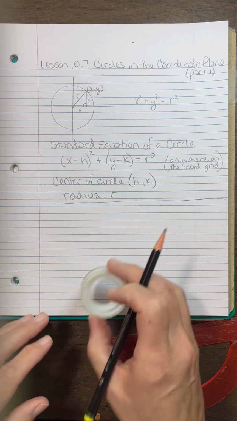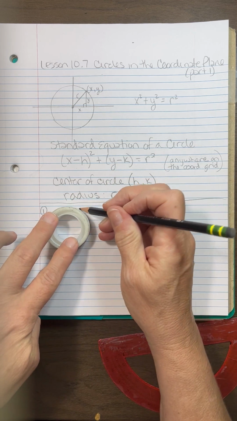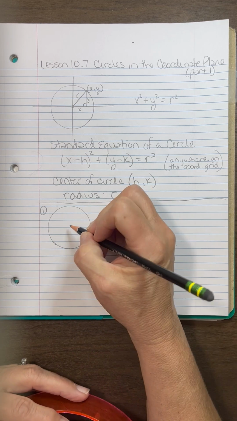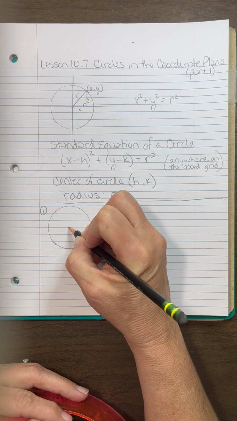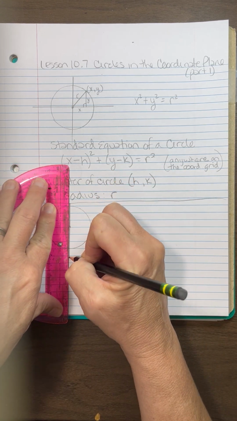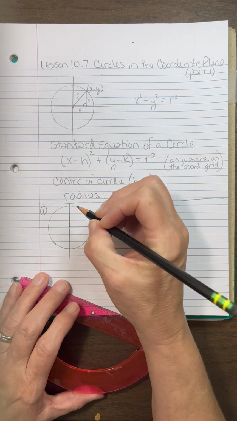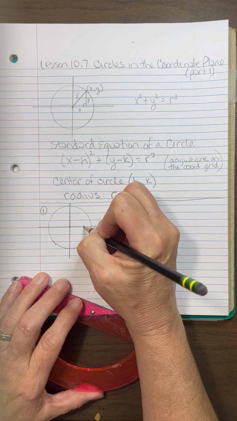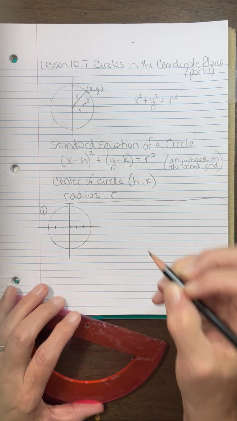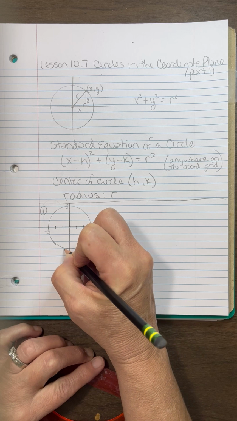with some numbers. So the first one we're going to look at, they're just going to give you the circle on the coordinate grid, and they're going to ask you to write the equation. Okay, so that's your y-axis and your x-axis, so this is 3, negative 3, 3, negative 3.